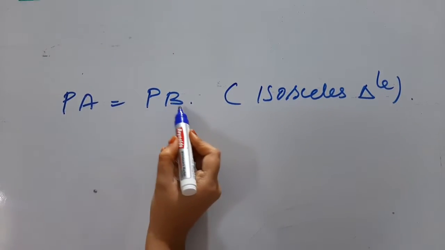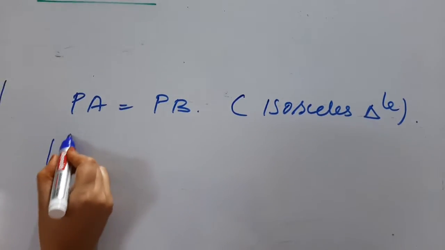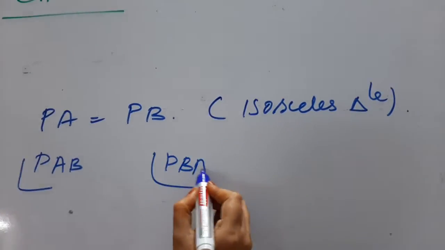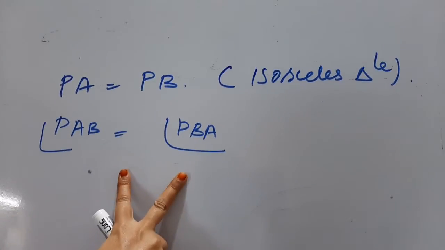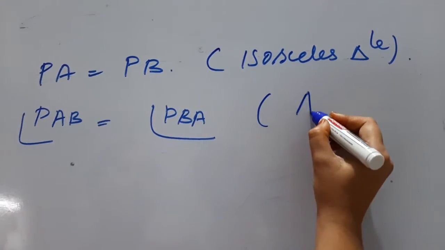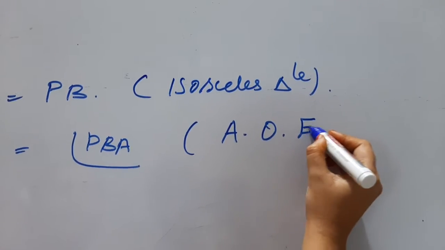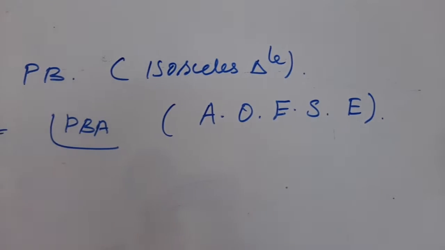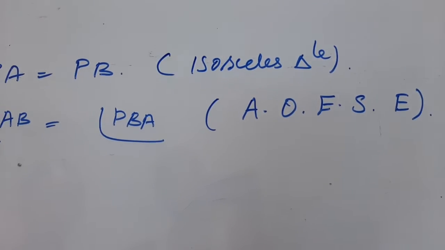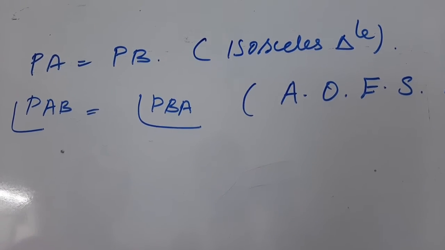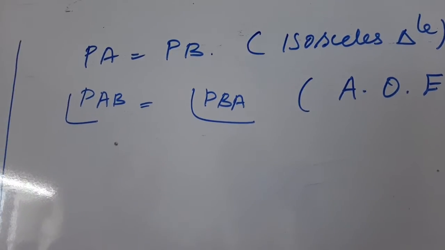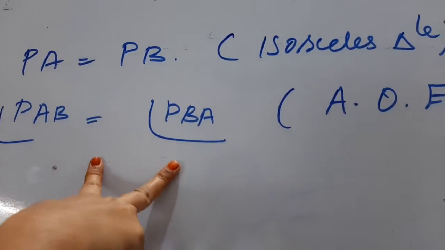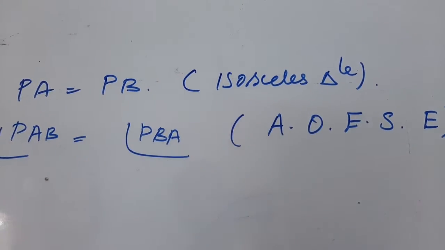Then if PA is equal to PB, angle PAB and angle PBA are equal. How can I say these two angles are equal? Angles opposite to equal sides are equal, the theorem which you learnt in grade 9. This is an isosceles triangle, therefore, since PA and PB are equal, the angles opposite to these sides are also equal.